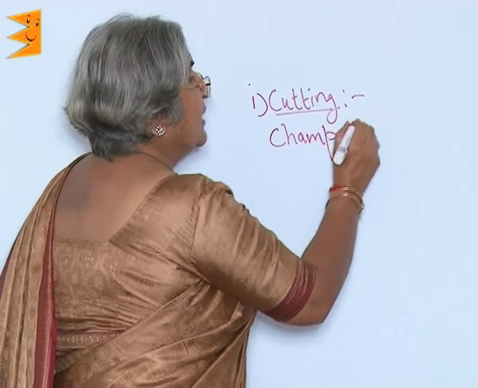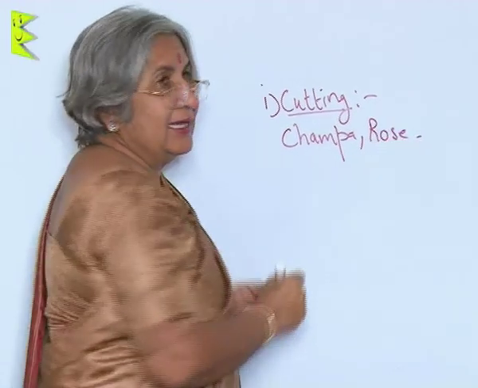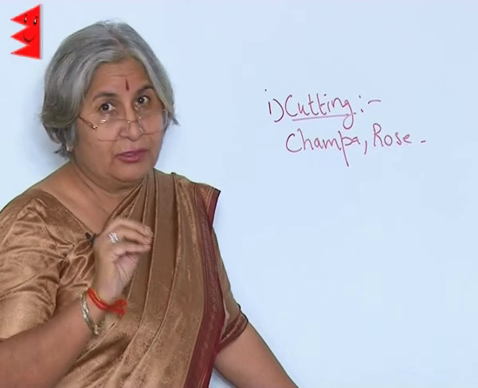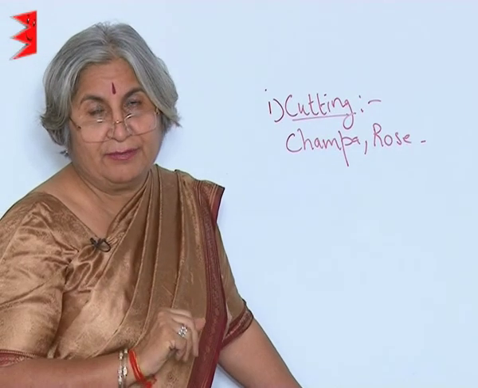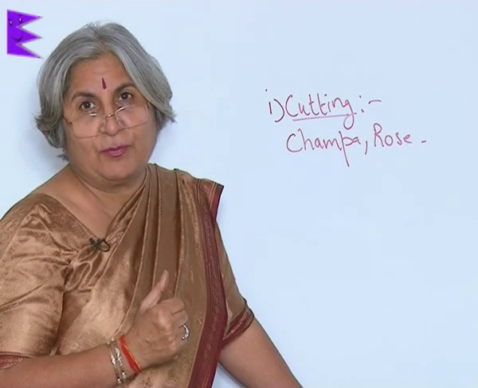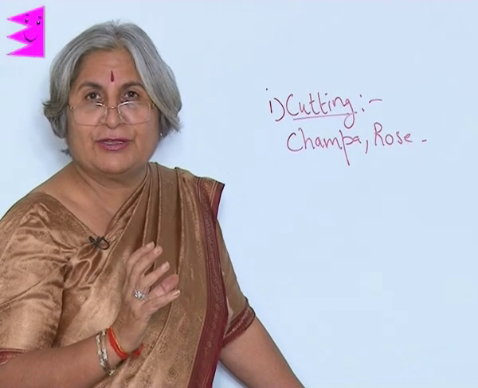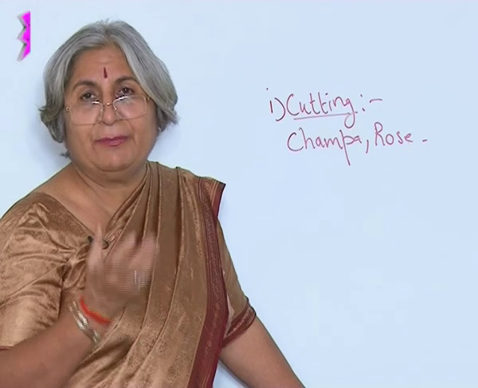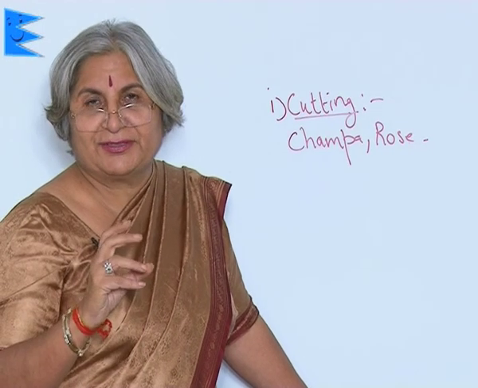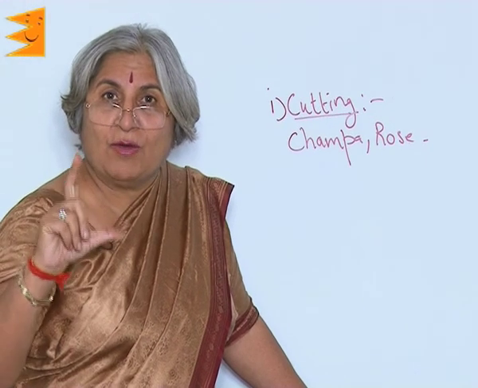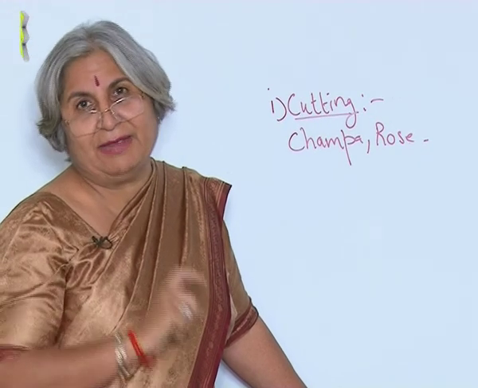Champa or rose, if you take a stem cutting and then put it in soil and keep watering it, of course not too much water because then the plant will not grow properly, but an adequate amount of water, in due course of time the stem will develop its roots. So, now we have a new plant from just one branch or one stem cutting.